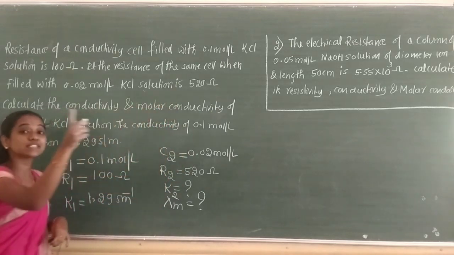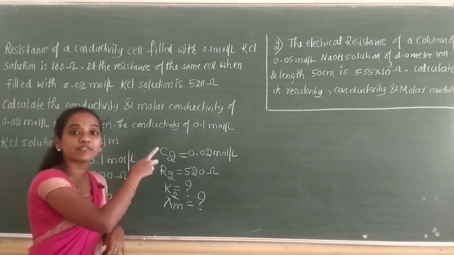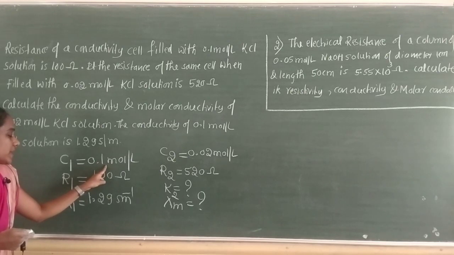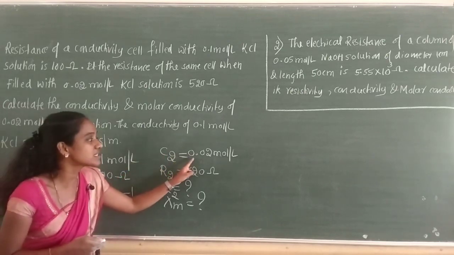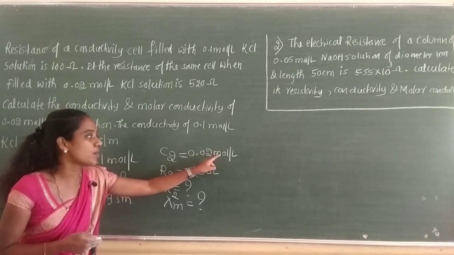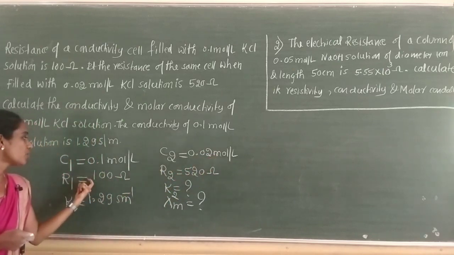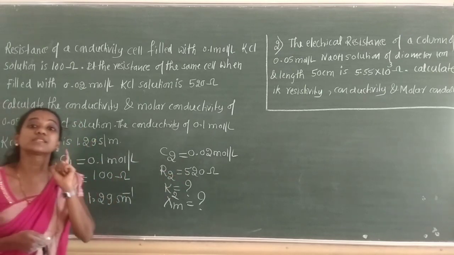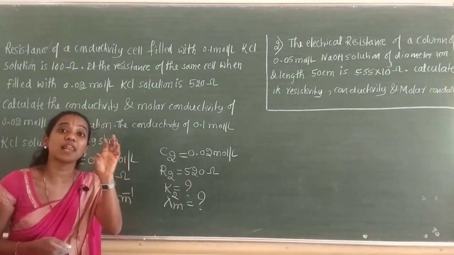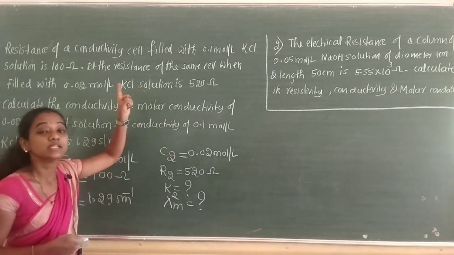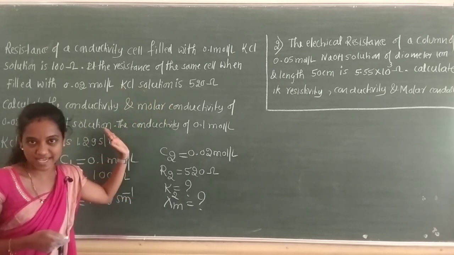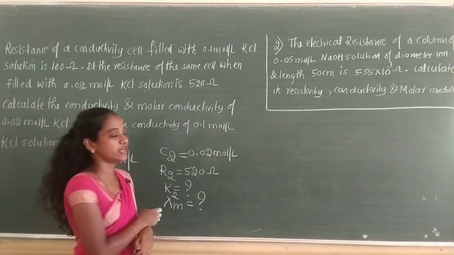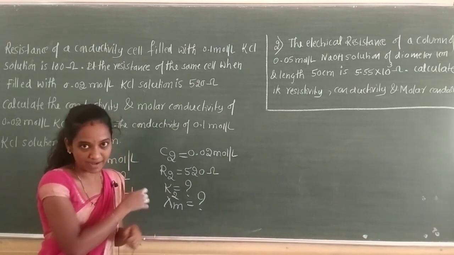The conductivity cell is the same in both cases. Concentration is different and the resistance is also different, but the common thing is that the cell constant is the same because the same cell is used. For that we need to calculate the cell constant value first because it is not given.